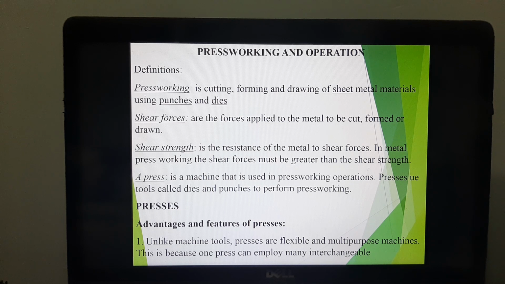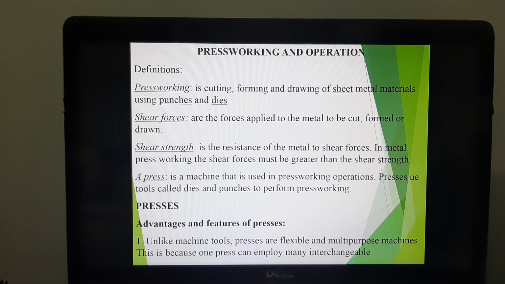Having said that, let's move on to the next manufacturing process, press working operation. What is press working operation? If you look at the definition, I would not require you to memorize it, just understand it. Press working is cutting, forming and drawing of sheet metal materials using punches and dies.